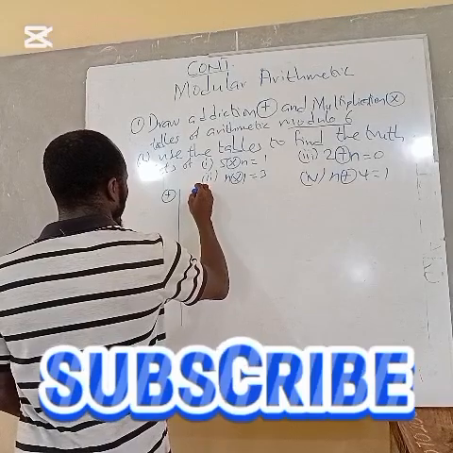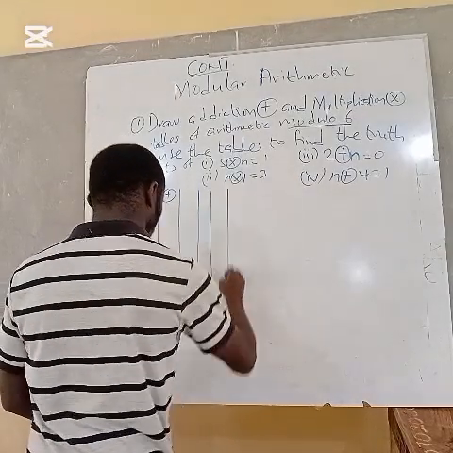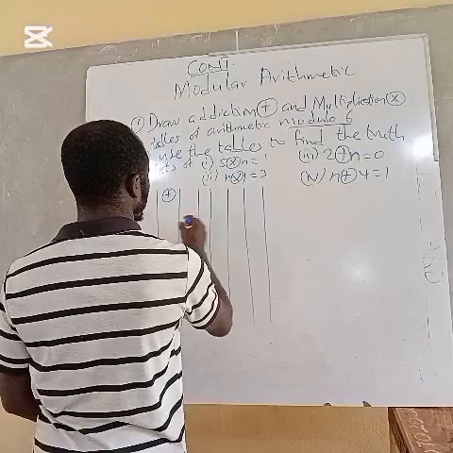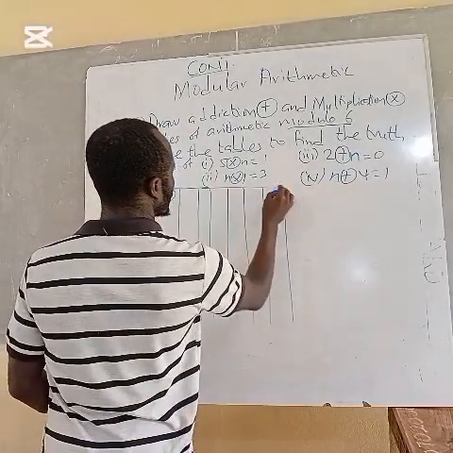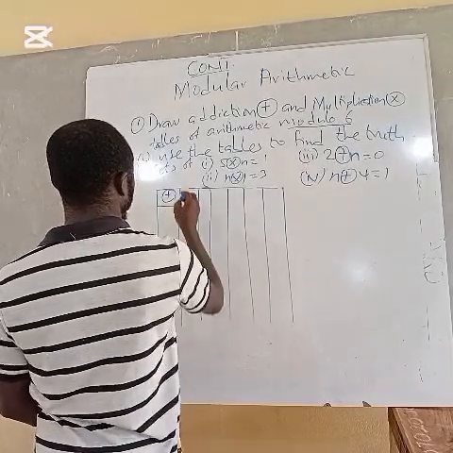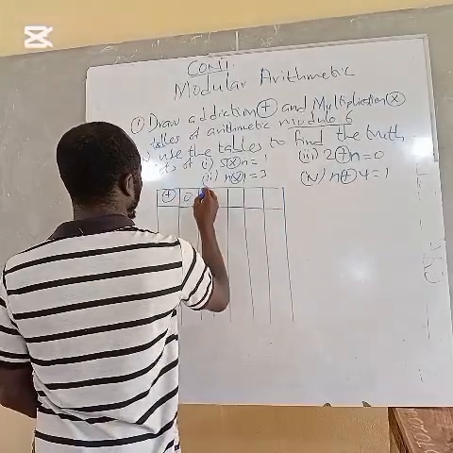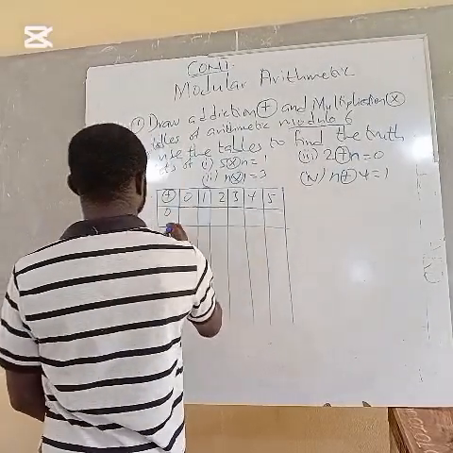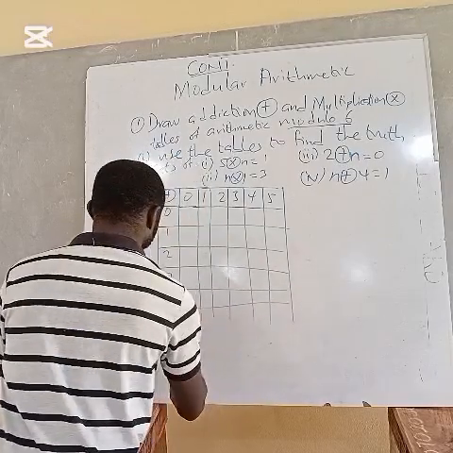So we draw the table: 1, 2, 3, 4, 5, the 6th one. 0, 1, 2, 3, 4, ends at 5.